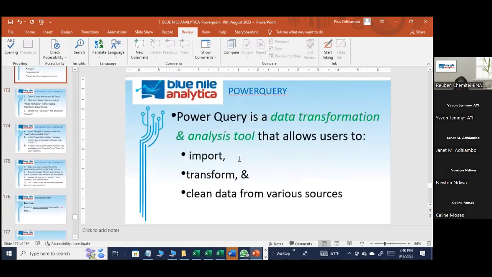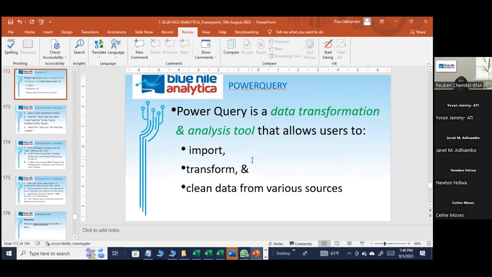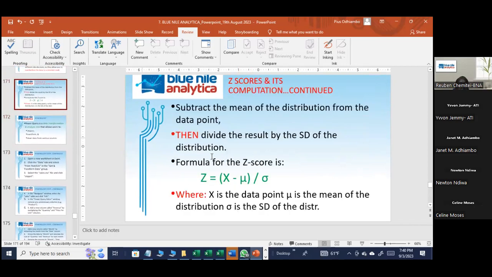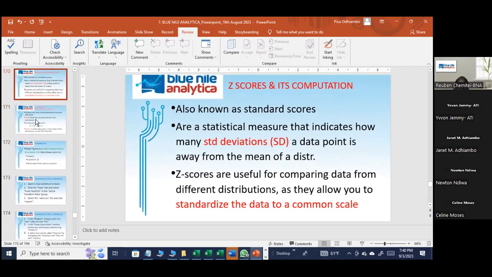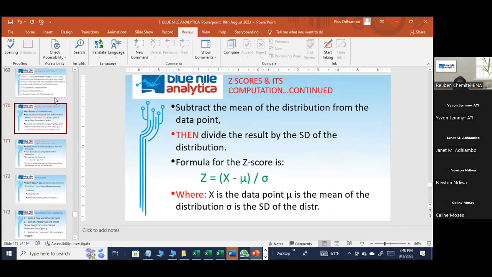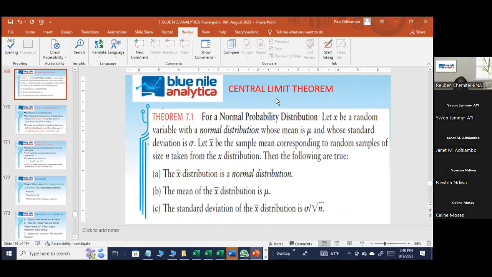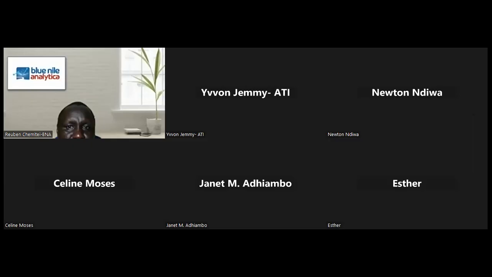Remember, we have mentioned these advanced Excel functions, but not even half of them. The more you use Excel, the more you'll discover. We keep discovering functions every day, and as need arises, you get to use a particular feature. So I want to stop there, unless there is any question.